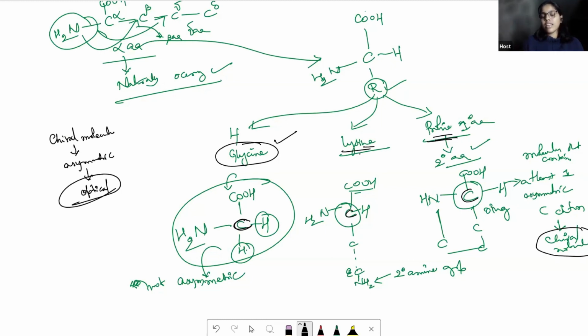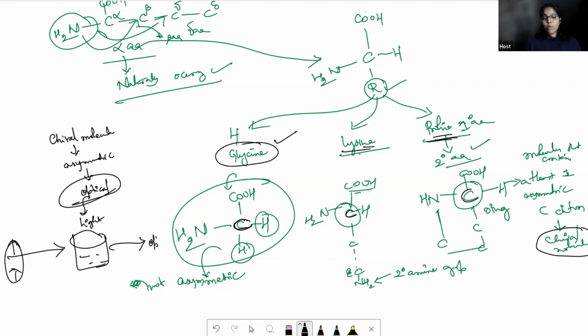What is optical property? What can it indicate? Optical, as the name suggests, is something related to light. So when we pass plane polarized light through the solution of the amino acid, how is it going to rotate the plane polarized light?